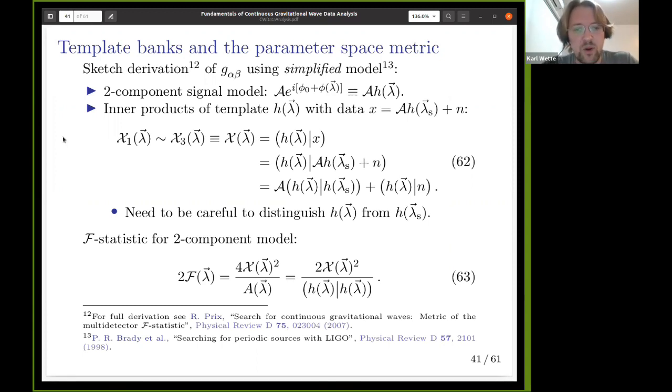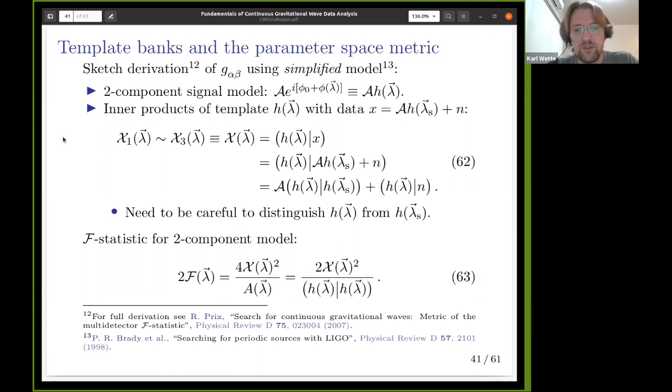In that simplified model, you can work out what our inner products are, and we'll still have two inner products because we have 2 parameters, A and phi naught. And in that model, the F statistic simplifies down to equation 63.